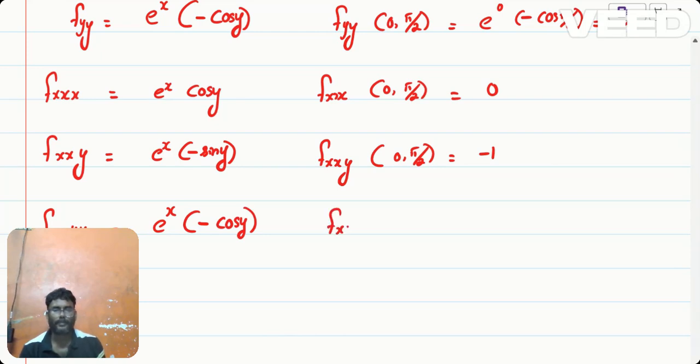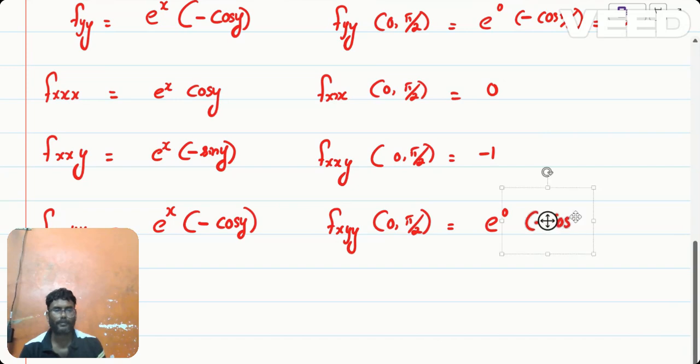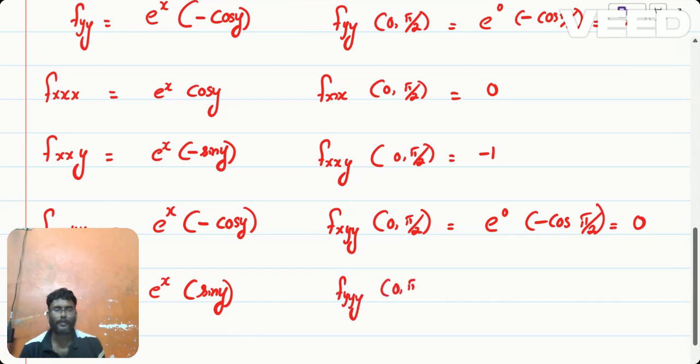So you will get f x y y of 0 comma pi by 2, which is 0, since e power 0 into minus cos pi by 2, and since cos pi by 2 is 0, therefore this is 0. Next, f triple y will be equal to e power x minus cos y, whose derivative is sin y. So the value of f triple y of 0 comma pi by 2 will be 1.